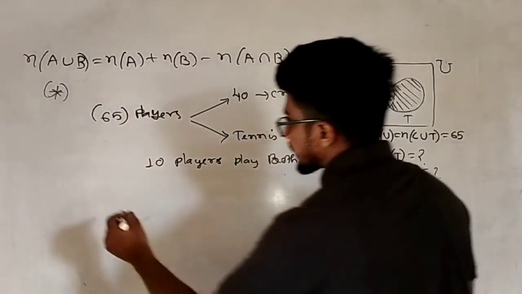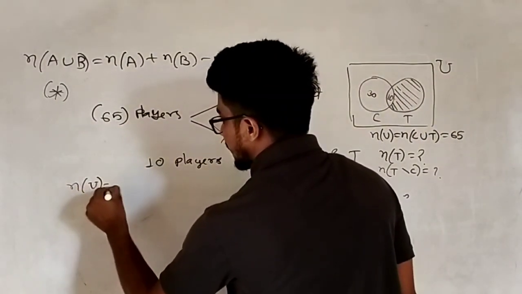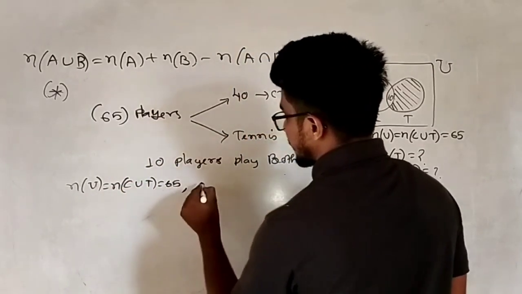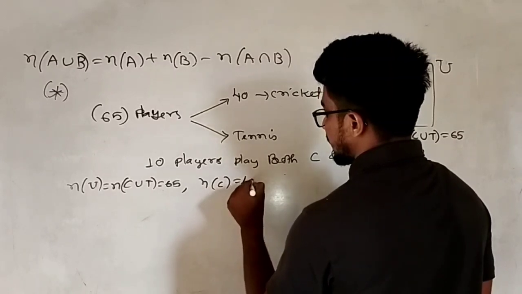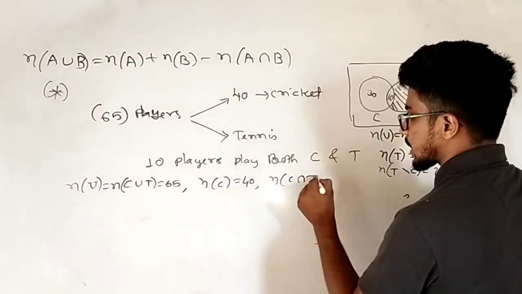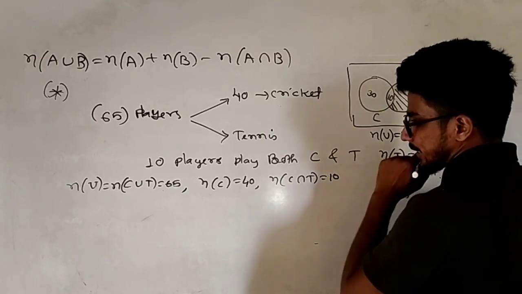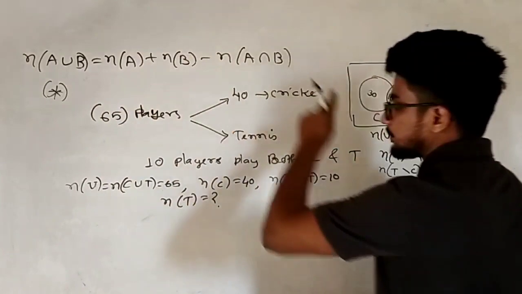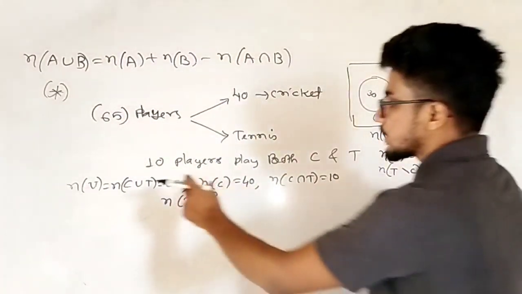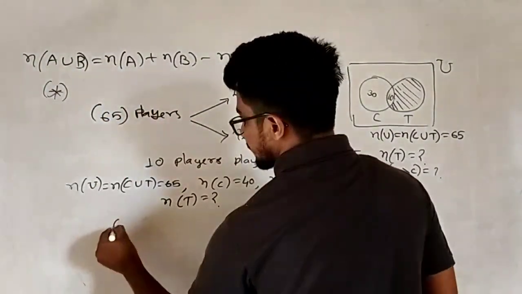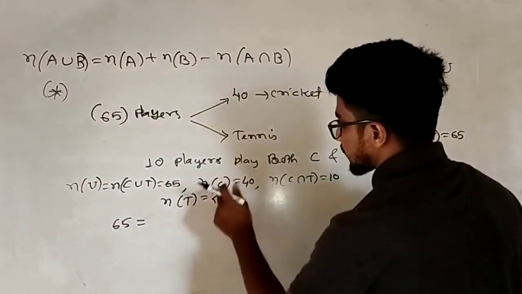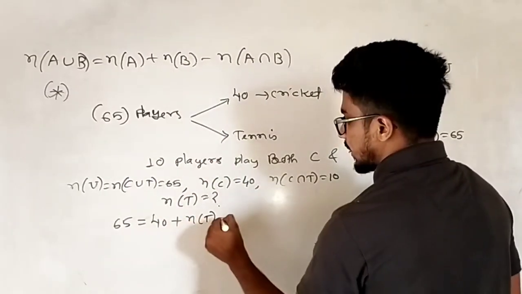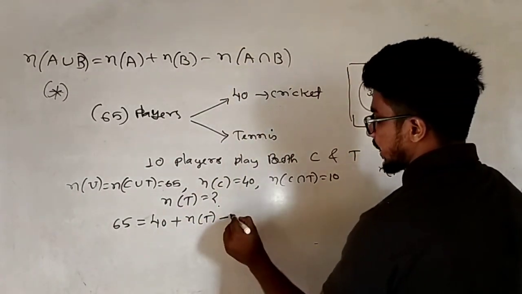Here it was given that number of U equals number of C union T equals 65, number of C equals 40, number of C intersection T equals 10. So I think you can first find number of T using this formula. Here C union T is 65, equals number of A, number of cricket, which is 40, plus number of B, that means number of tennis, which we don't know, minus number of A intersection B, that means 10.